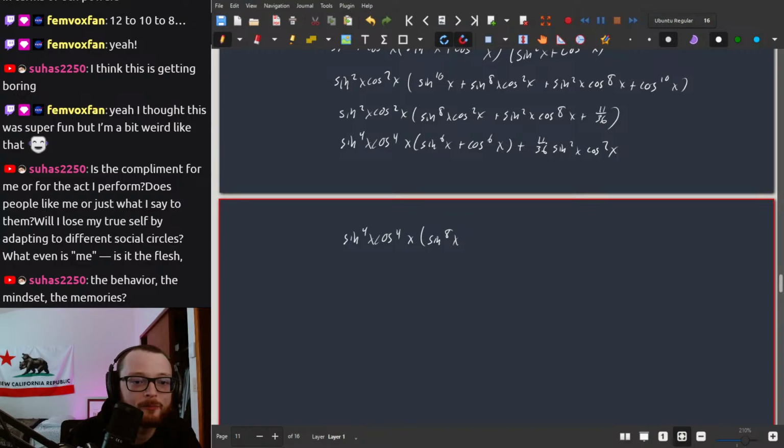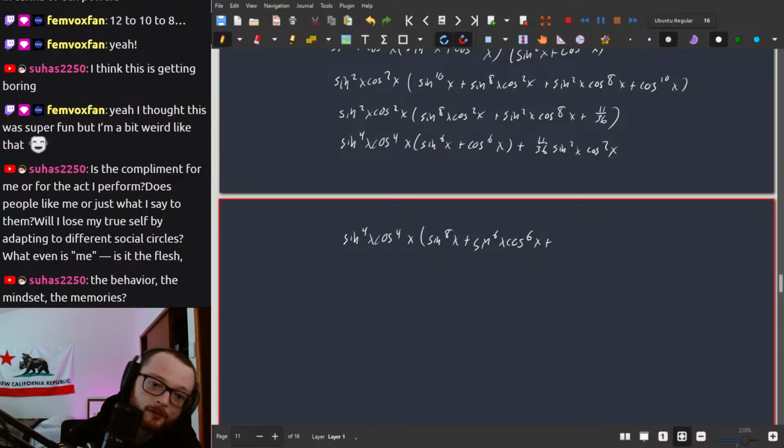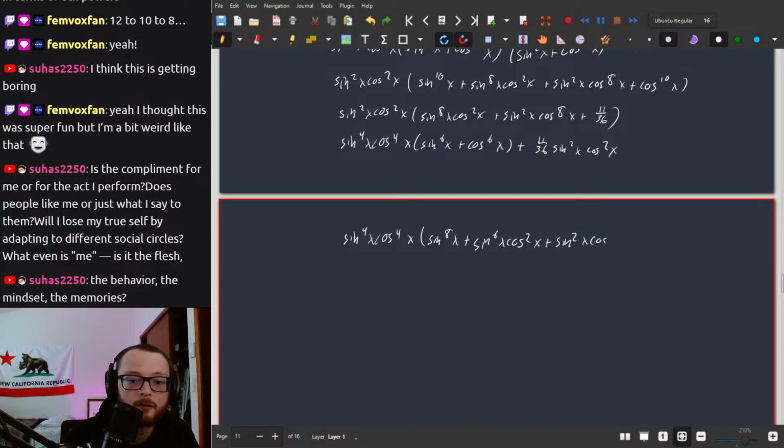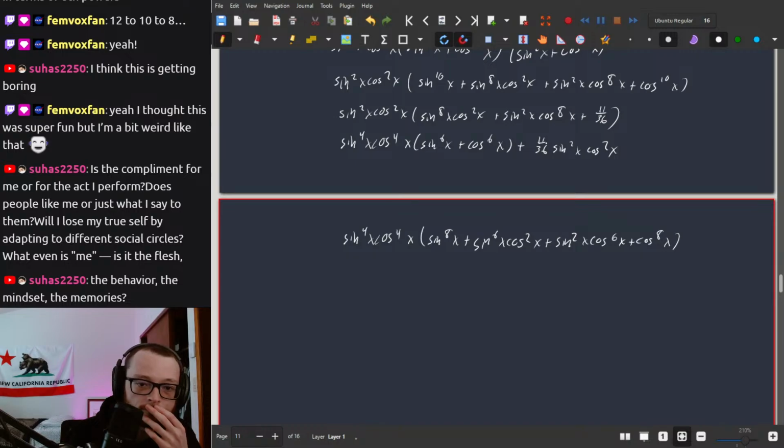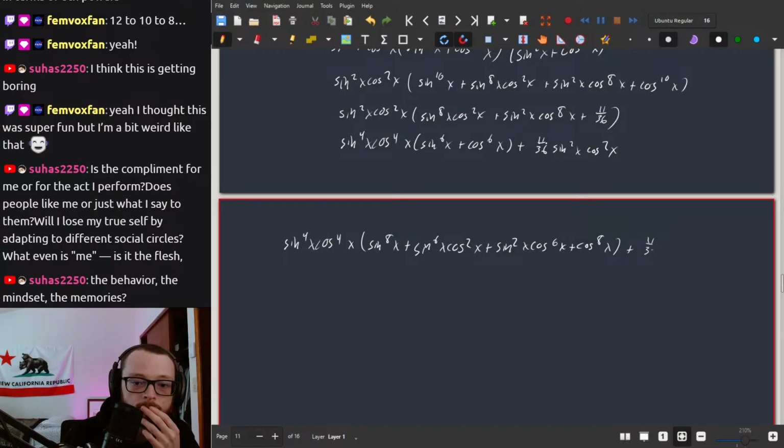Sine to the 8th. I'm just gonna mentally multiply that by sine squared plus cosine squared. Sine to the 6. I should really abbreviate these with just S and C. There better be a cancellation at some point here.